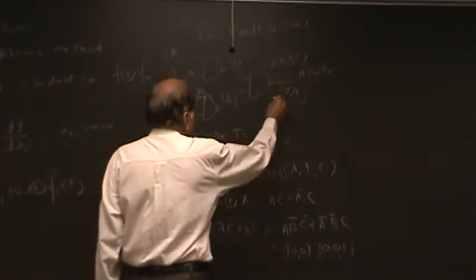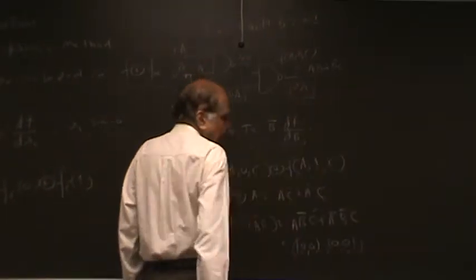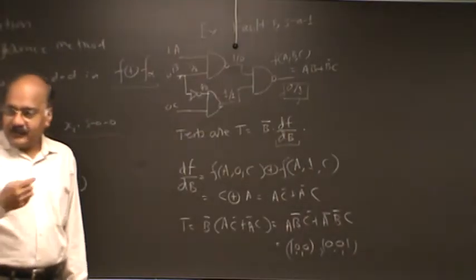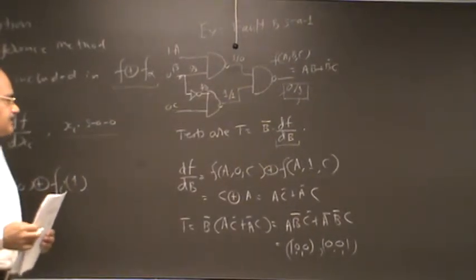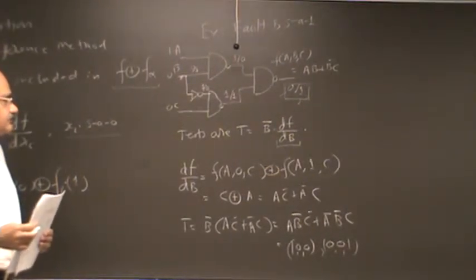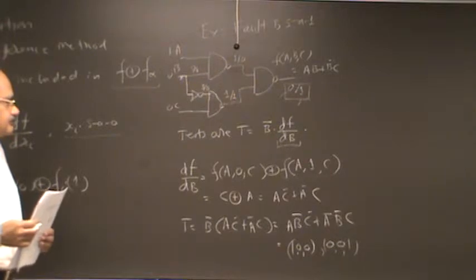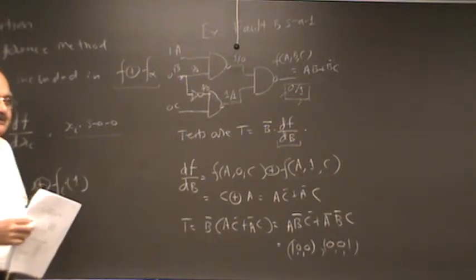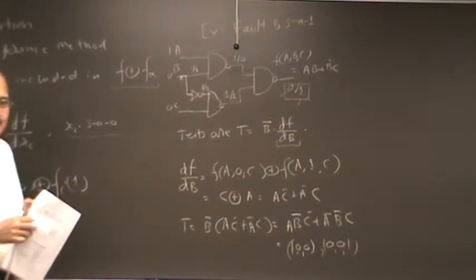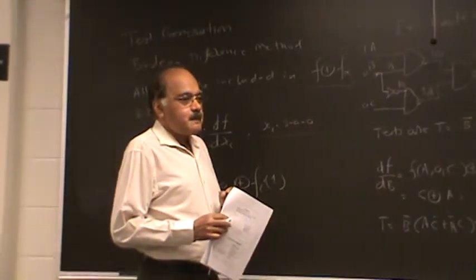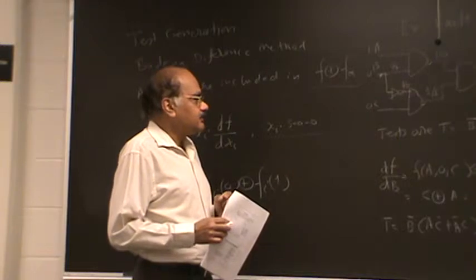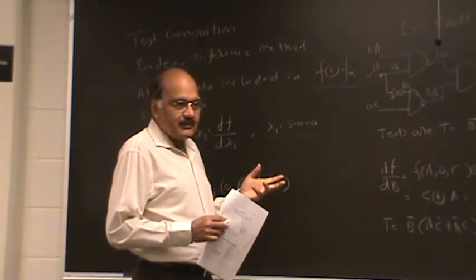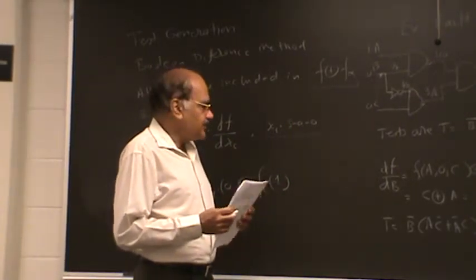So the normal output is 0, faulty output is 1, and hence this is a test. That is the definition of the test. So basically, the definition of a test is that for a given fault, if the output is different from normal, then that combination is a test.